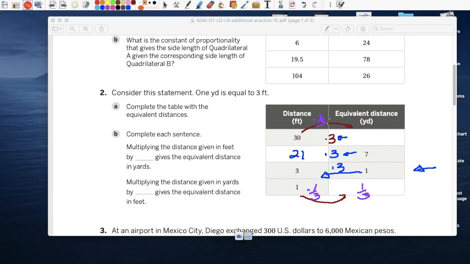And 30 times 1/3 would be 10. So multiplying the distance given in feet by 1/3, if you want to get to yards, you're going to multiply by 1/3. What if you had the yards and you want to find the feet? You would multiply it by 3. Okay.